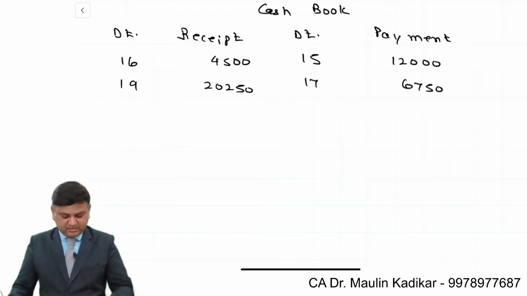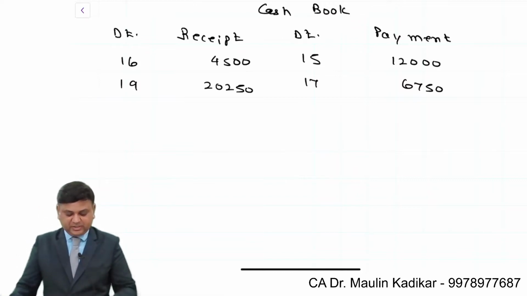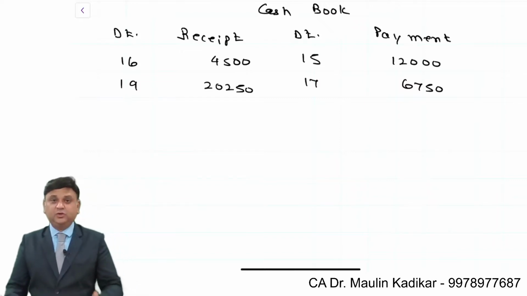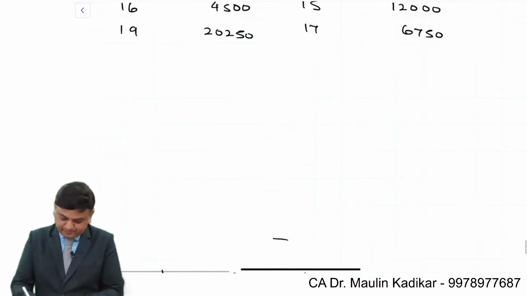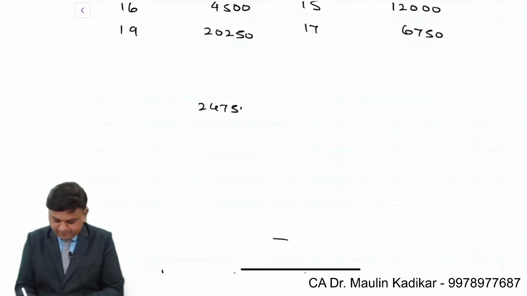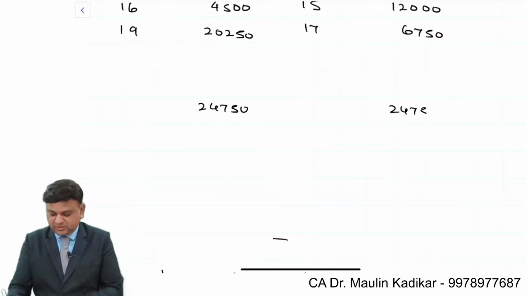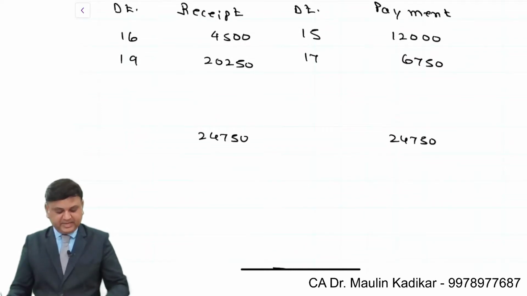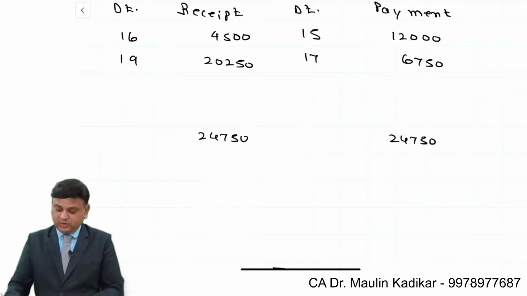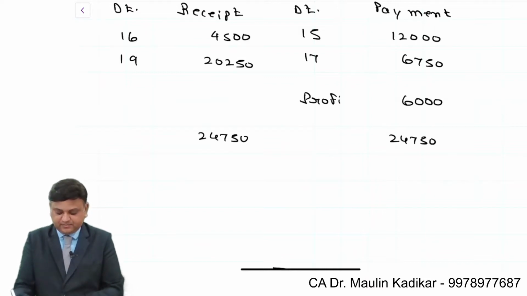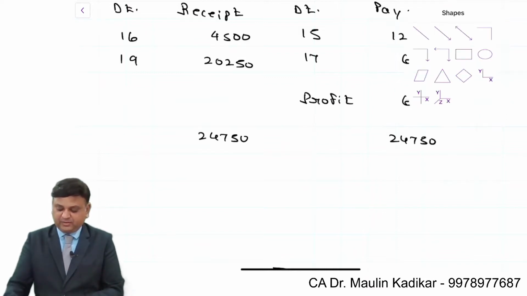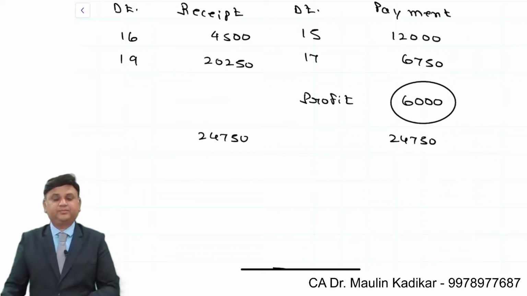So we understand that you have received 4,500 plus 20250, so you have received 24750. 24750 minus 12,000 minus 6750, so you end up with the additional receipt. Can we say in simple language it is a profit? Yes. You have a profit of an amount of 6,000.